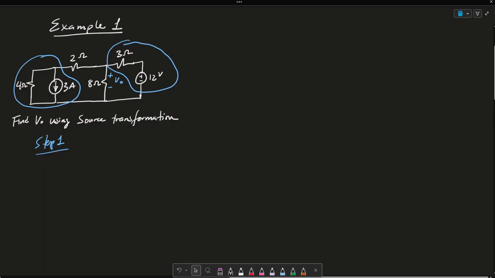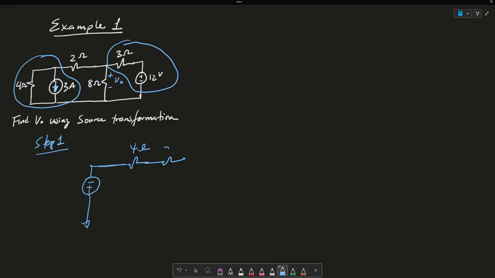And what it looks like is simply, since this current source is going down, it's going to be minus plus. This is grounded. I'm going to connect this in series with a 4 ohm resistor. This is going to be that 2 ohm, 8 ohm.